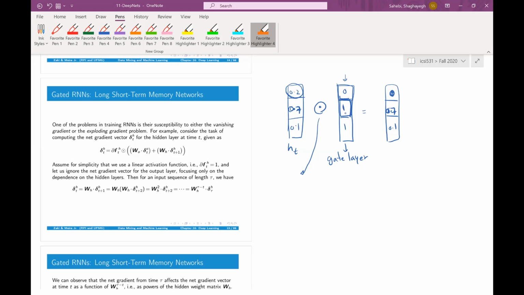So the network is going to learn which values it should remember and which values it should forget. That's how we are going to know what to set in this gate layer.